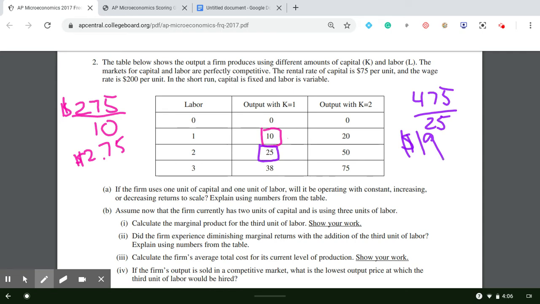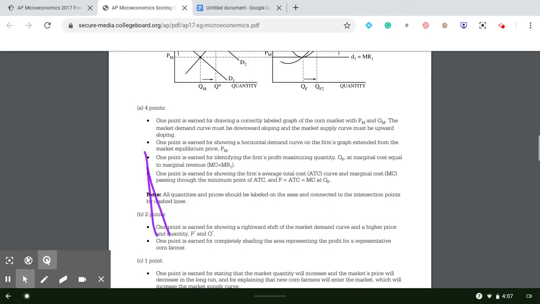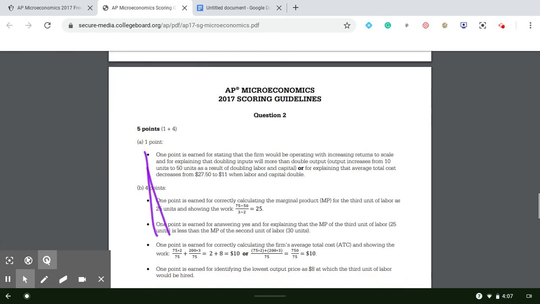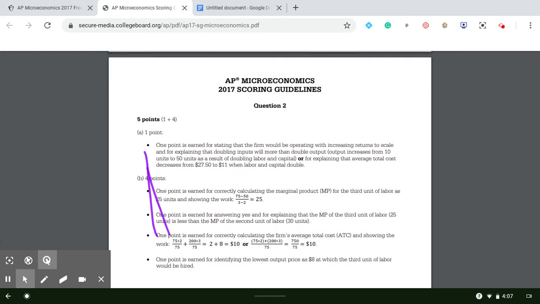Yeah, I think I just confused myself with that. Let me check the answers real quick. It should be going down. I think I did something a little wrong. Let's check it. Oh, it's because I did my math wrong in the first part.